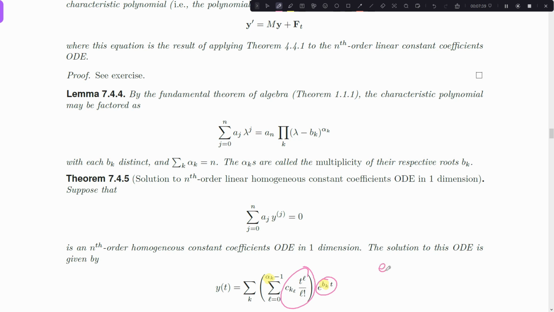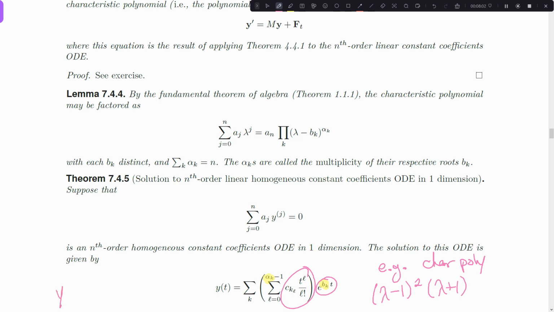So for example, if my characteristic polynomial was factored into something like lambda minus 1 squared, lambda plus 1, then my solution takes the form, well, lambda minus 1 is squared, so that has multiplicity 2.